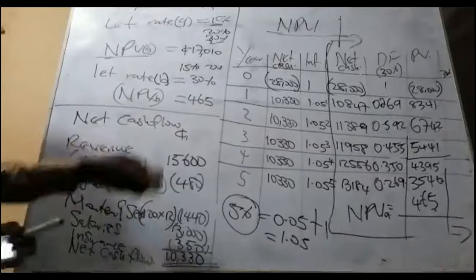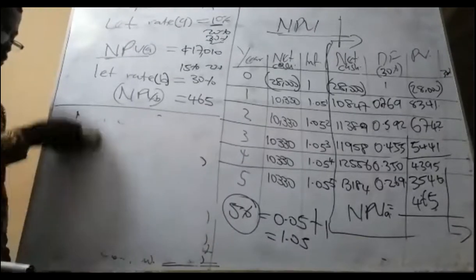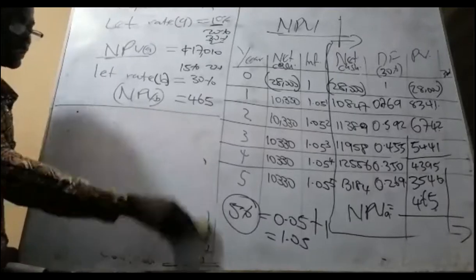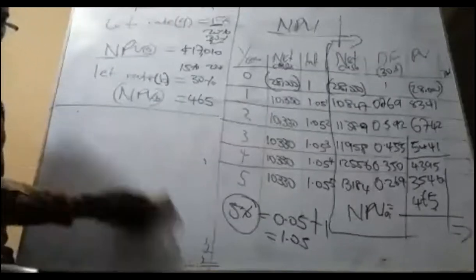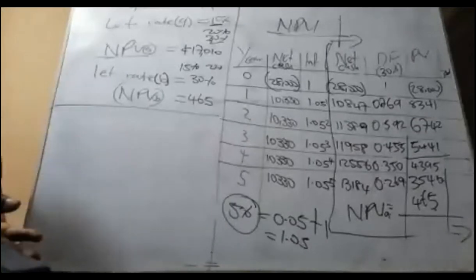Let me take this section off. So now, what is the internal rate of return? The more I code the formula, the more I remember.